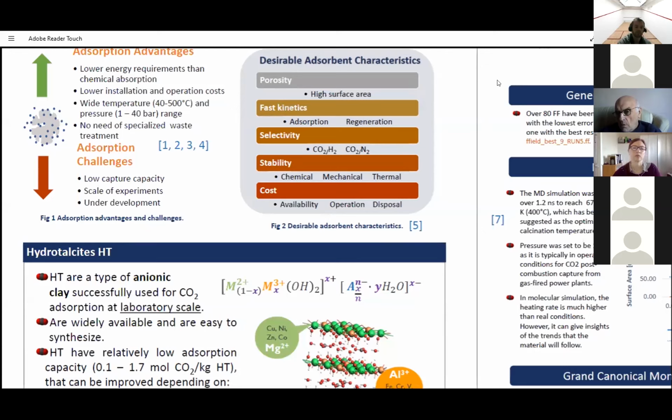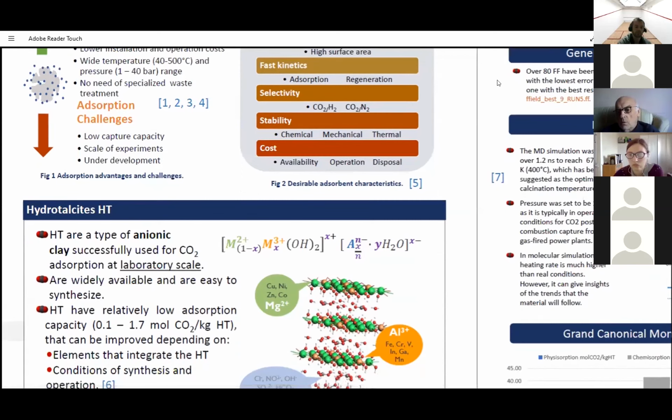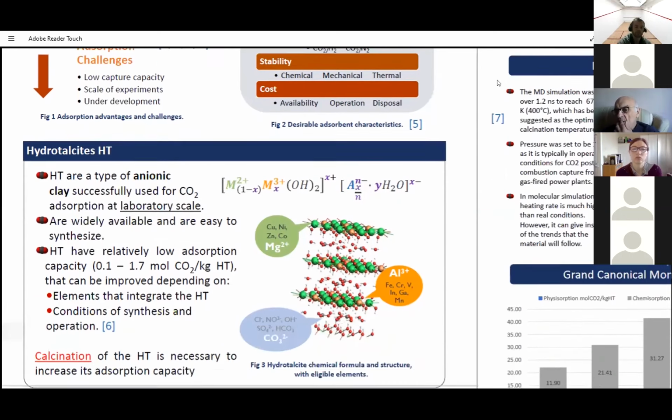And there's a bit of discussion regarding whether it's thermally stable, because some studies have found it is, and some others say against it. And again, it depends on how you created the hydrotalcite. And it's easy to find, or easy to synthesize, better said. And in comparison with some of the chemical solvents, they do not need a special disposal because they're not corrosive, they're just a clay, and quite benign, you could say.